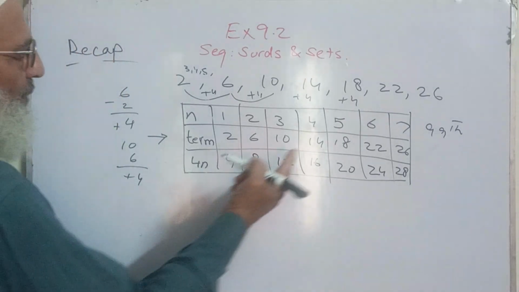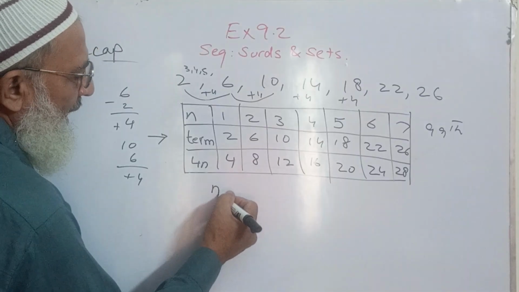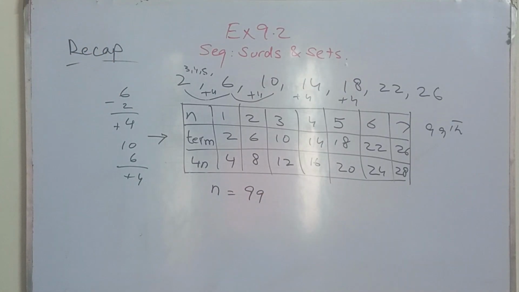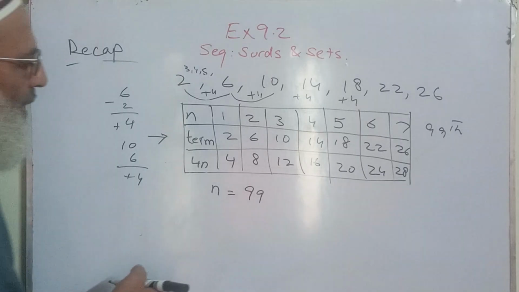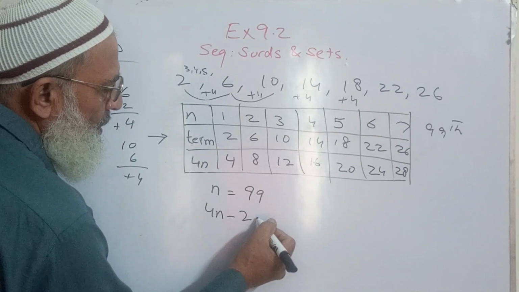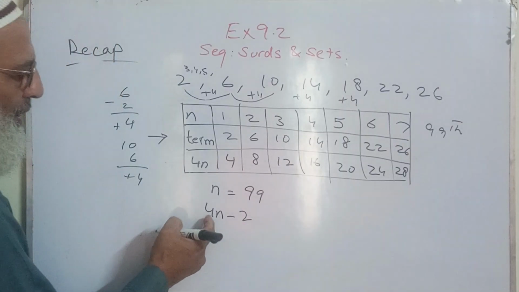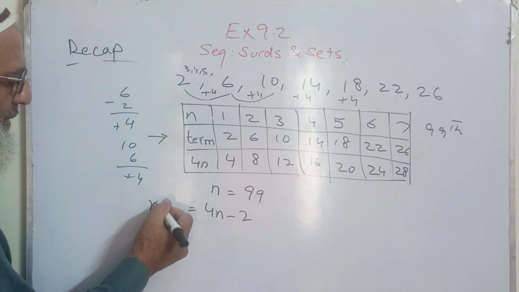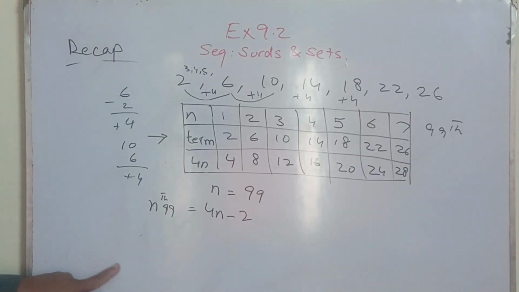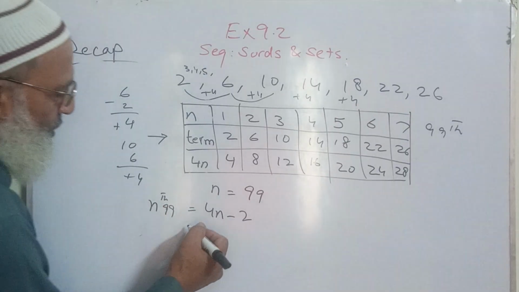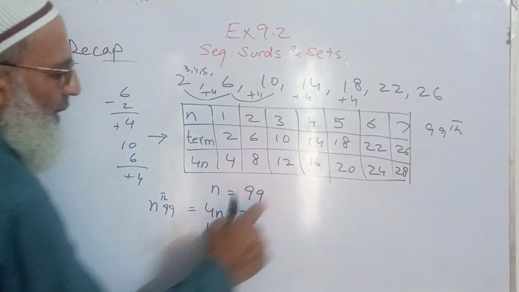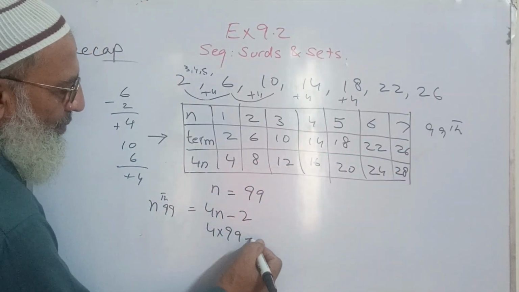Now your term is 99, that means n is equal to 99. Now we have to find 4n minus 2. The nth term is 99, so 4 multiplied by 99 minus 2.